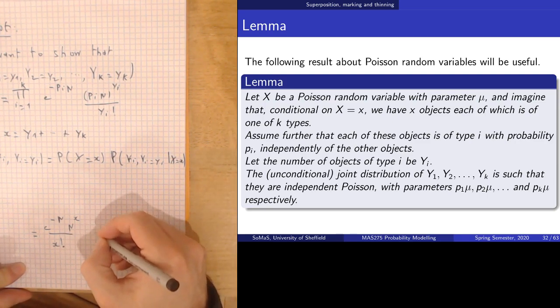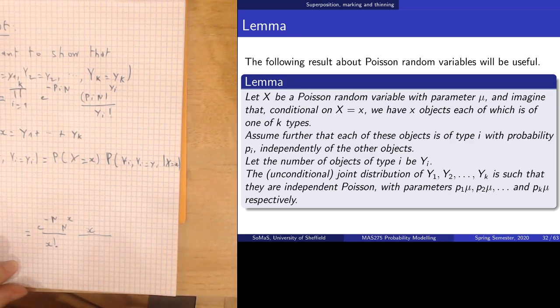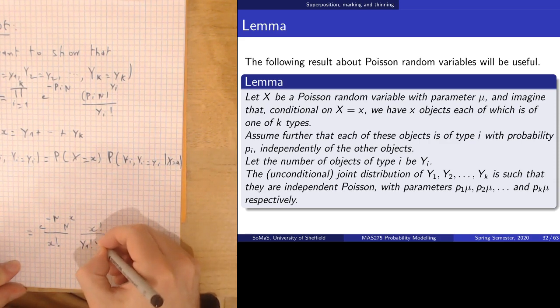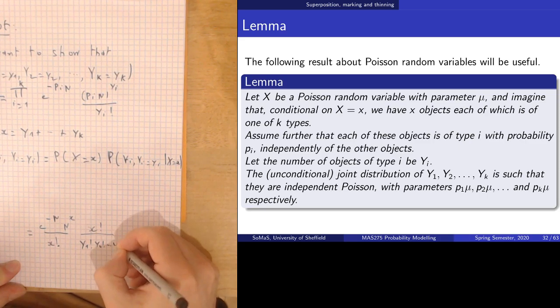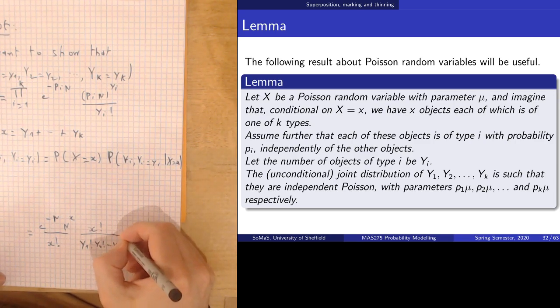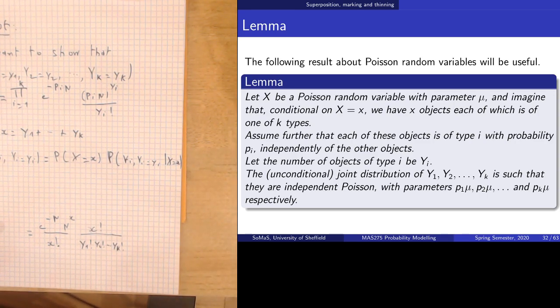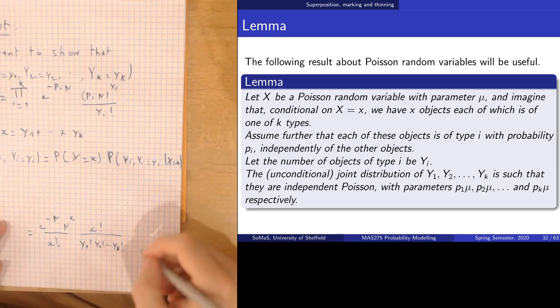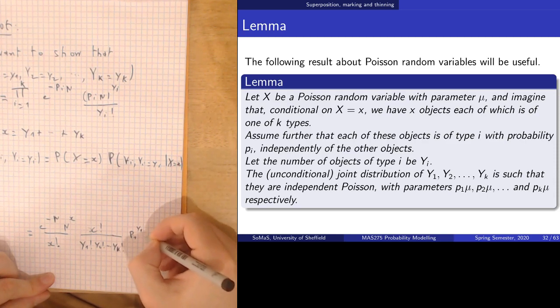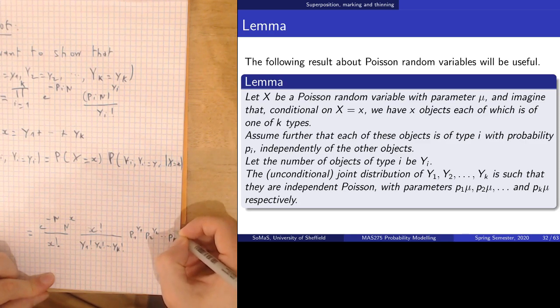My claim is that the number of such partitions is equal to factorial of x divided by factorial of y1, factorial of y2, all the way to factorial of yk. And then if I have such a splitting, what's the probability of this happening? Well, it's p1 to the power y1, p2 to the power y2, all the way to pk to the power yk.